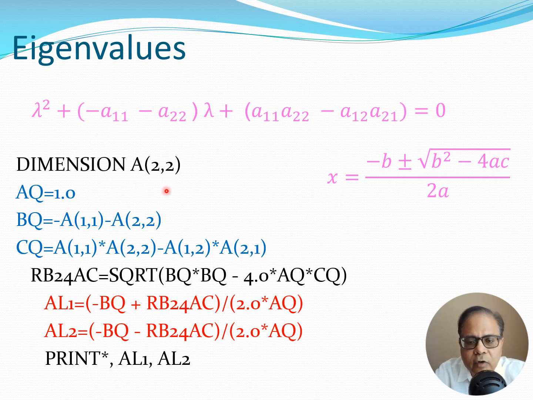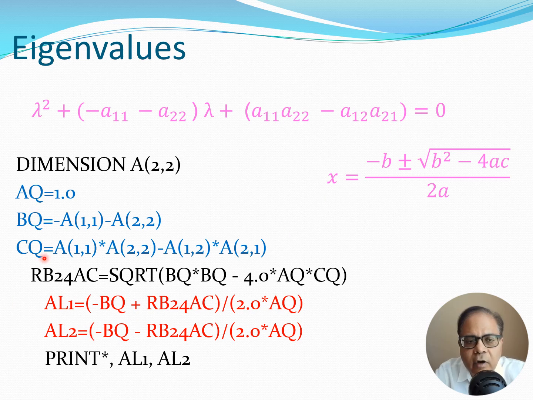So I don't want to cause confusion between this small a and this matrix A, so I call these AQ, BQ and CQ. These are the coefficients of the quadratic in lambda. So a is the coefficient of lambda square, b is the coefficient of lambda, and c is the constant part here. So again, I simply copy this. AQ would be 1, BQ would be negative A11 minus A22, and CQ would be A11 into A22 minus A12 into A21.